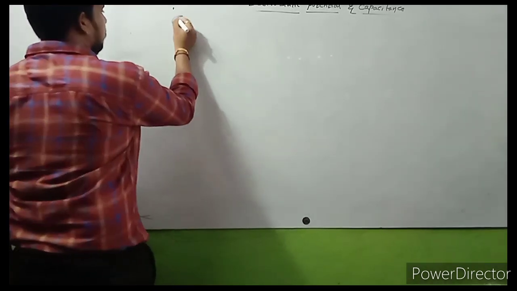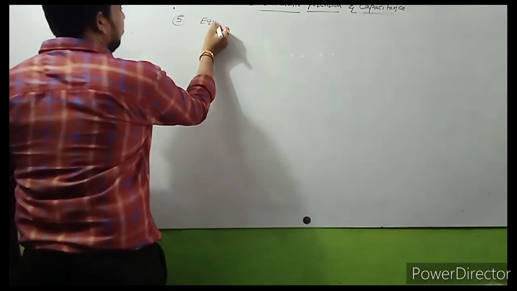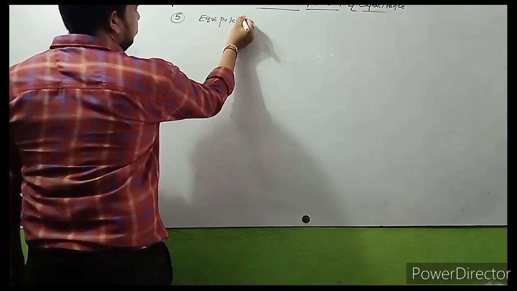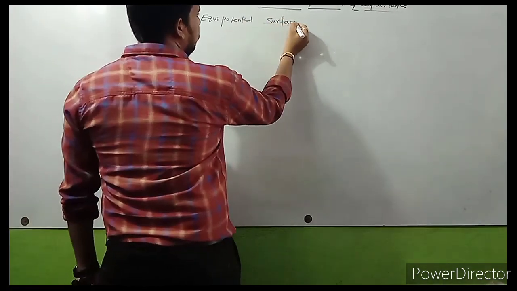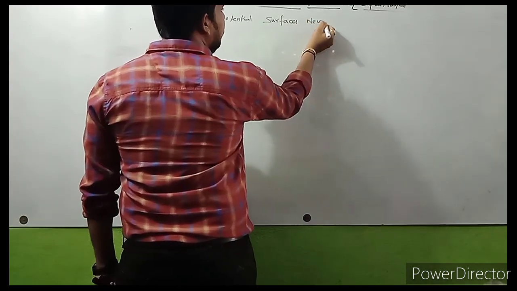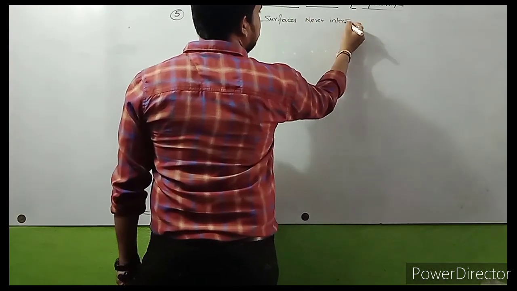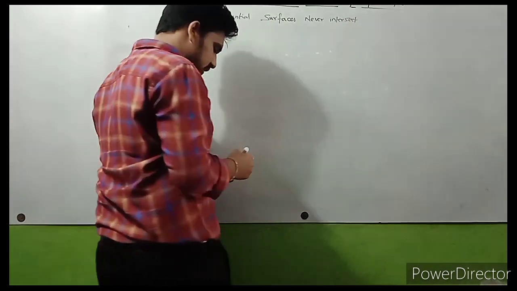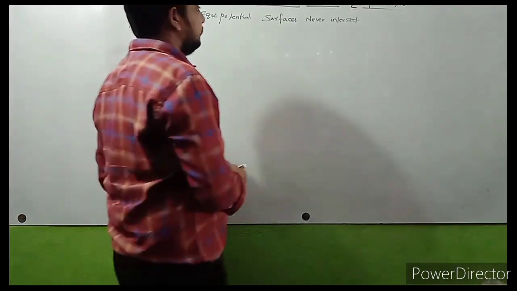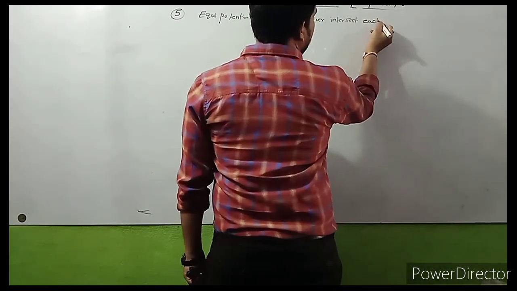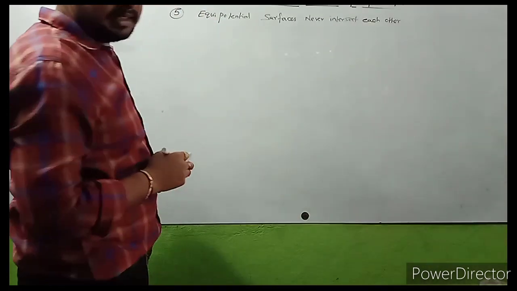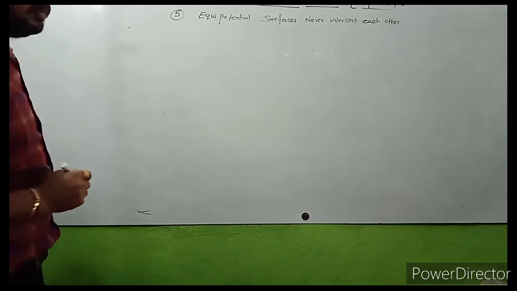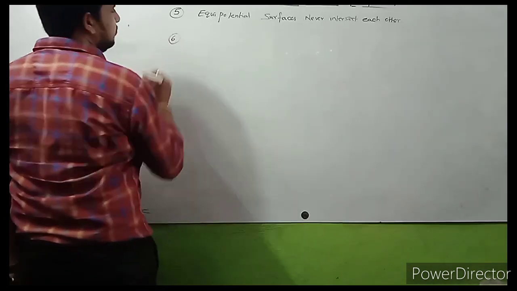Fifth property. Equipotential surfaces never intersect each other. Okay, equipotential surfaces never intersect each other. Next, sixth one.